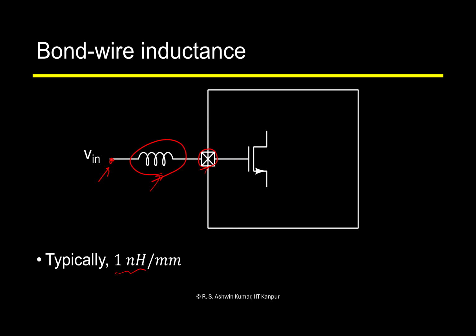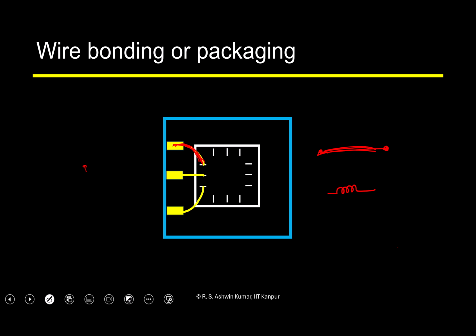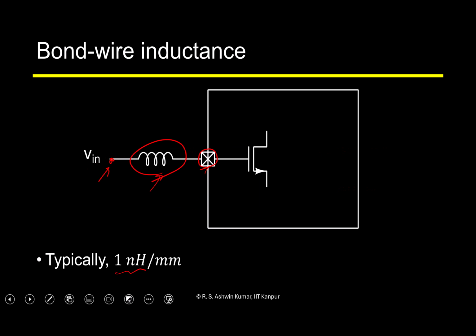By the way, these are called bond wires because they are bonding the connection. So you have to take into account the effect of these bond wires, simulate it, and make sure your design works. If not, you have to do things here and there to make it work.